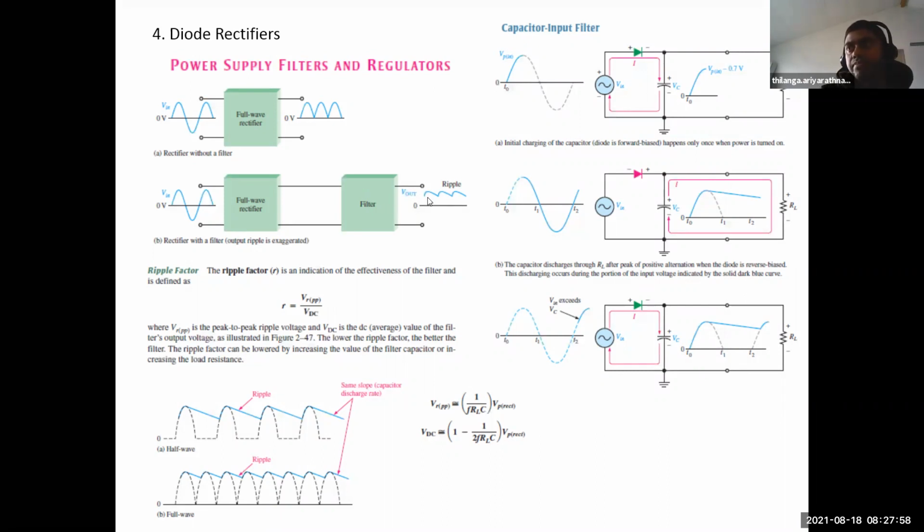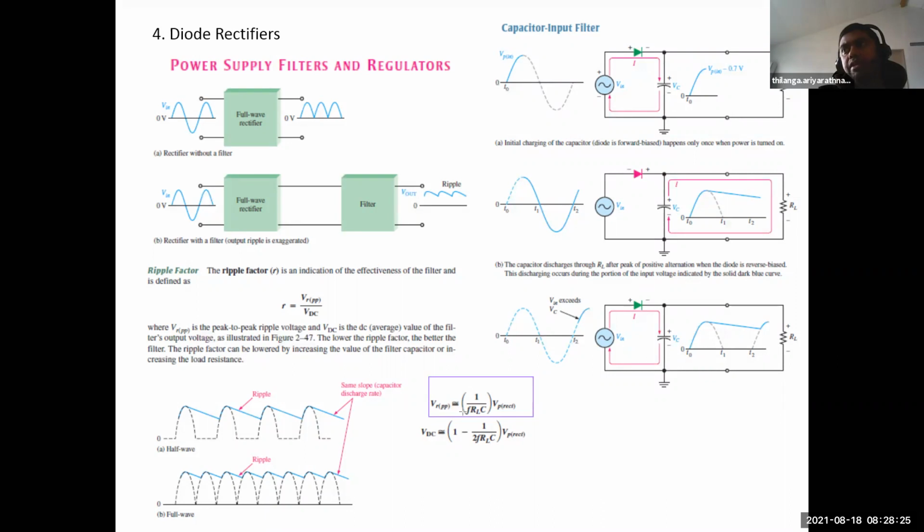It depends on the filter capacitor that we use. Okay. Now, this is how we quantify that ripple. Just look at this equation. What are the important parameters, guys?